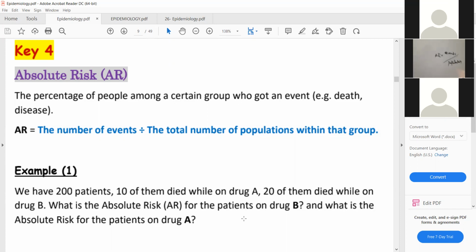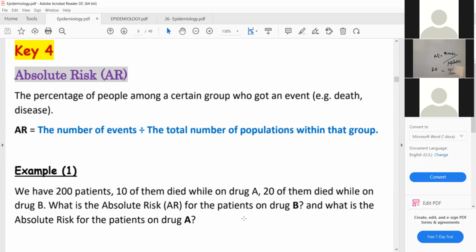So in our example, we have 200 patients, 10 of them died while on drug A. So what is the absolute risk of the population who is on drug A? Total number of population is 200 and number of event is 10. 10 of them died out of 200. So this is absolute risk for drug A. Now absolute risk for drug B is number of events in population who are taking drug B is 20.